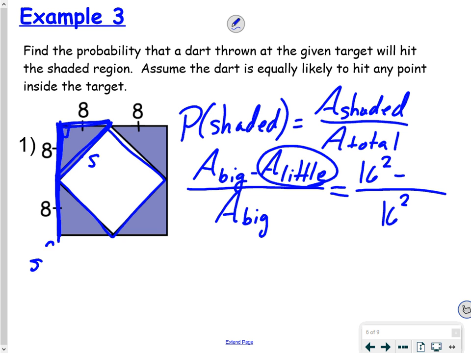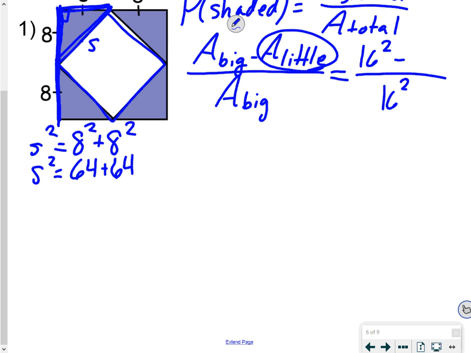So that means s squared, the hypotenuse squared, equals one leg squared plus the other leg squared. 8 squared is 64. So we have 64 plus 64, which is 128. And if we take the square root, we get the square root of 128.